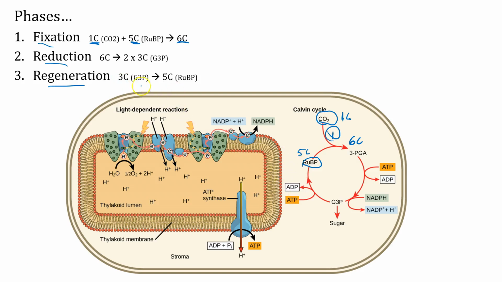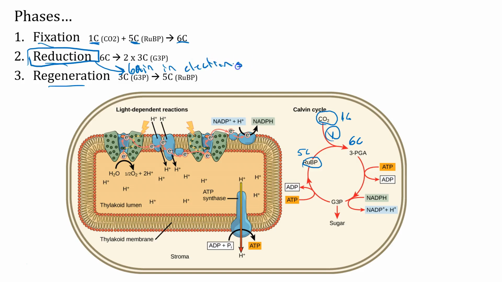All right, so then the 6-carbon molecule has an interesting fate. It undergoes reduction. And my first question for you is, what does that mean? Remember, reduction is the opposite of oxidation. So reduction is a gain in electrons.